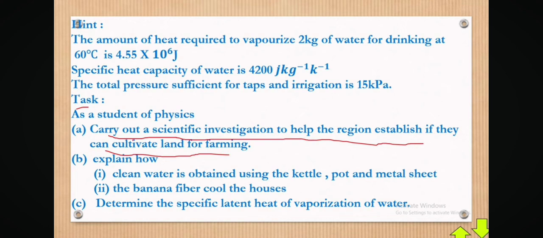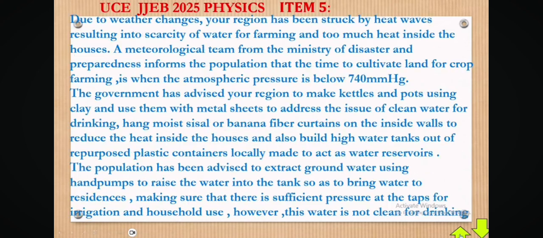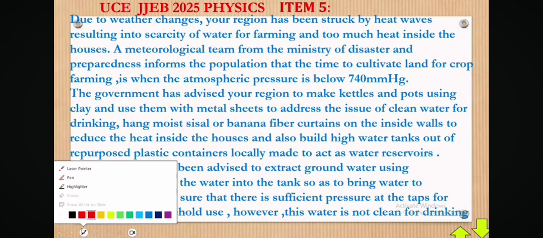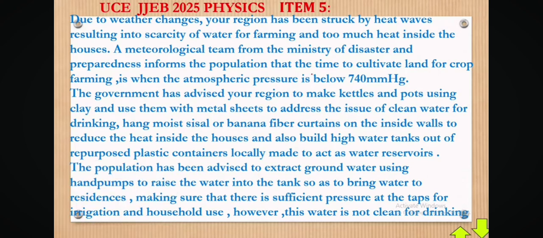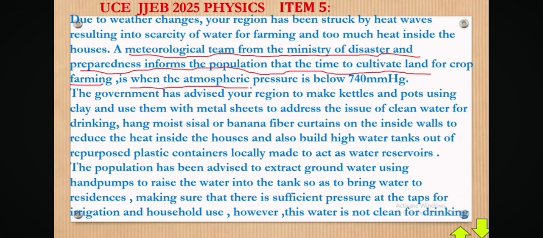Let's go one by one. Carry out a scientific investigation to help the region establish if they can cultivate land for farming. Let's look into that in part A. A meteorological team from the Ministry of Disaster and Preparedness informs the general population that the time to cultivate land for crop farming is when the atmospheric pressure is below 740 millimeters of mercury.